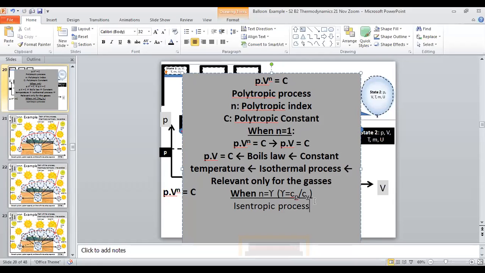That's why C is there, for different temperatures. PV is constant, but with different temperatures your curves differ. Same way for isentropic: based on different C values you see different curves, but all are isentropic processes.